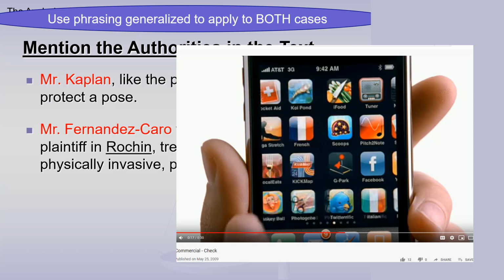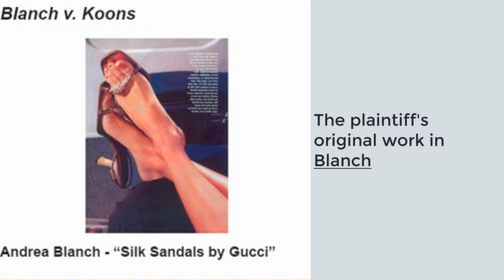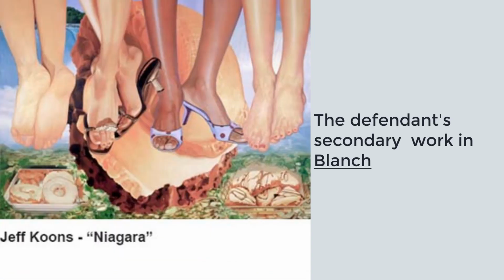In the R of IRAC, many students discussed Blanche, a case where the defendant won on a claim of copyright infringement because his secondary work was so different from the original copyrighted work in terms of aesthetics and meaning.